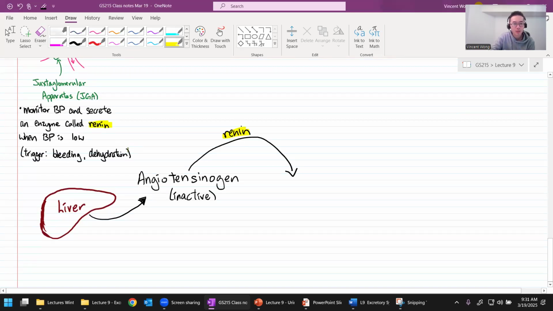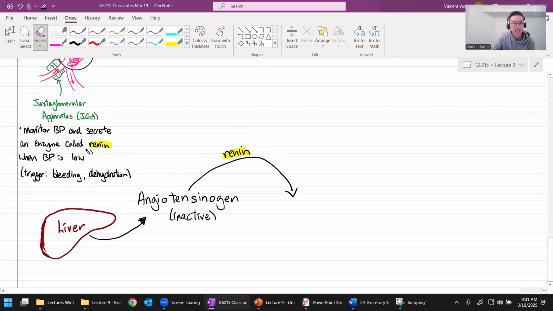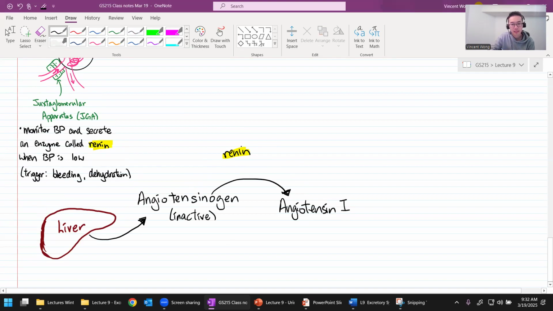If you have low blood pressure, the JGA detects it and releases the renin. And then the renin will cut the angiotensinogen, and then it becomes angiotensin. No more ogen, and this is angiotensin number one. So we need the renin for this to happen.